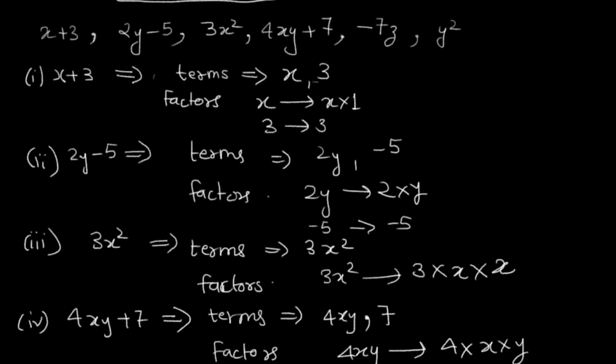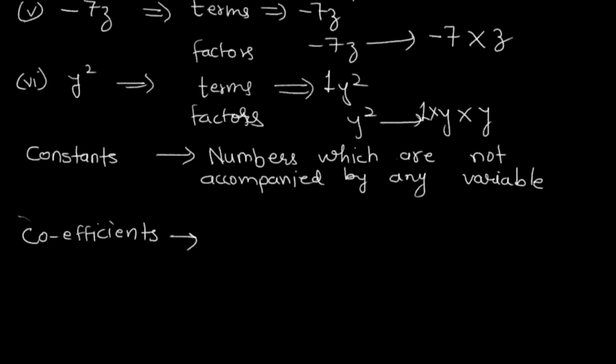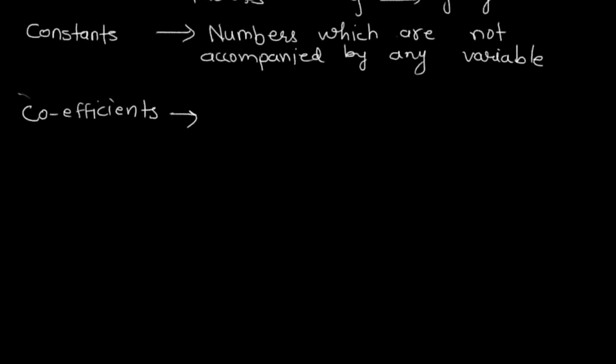This 3 is not accompanied by any variable, so it is a constant. Here this minus 5 is a constant, there is no constant here, and we have this 7 as a constant here. So the numbers which come without any variable multiplied to them are called constants of an algebraic expression.